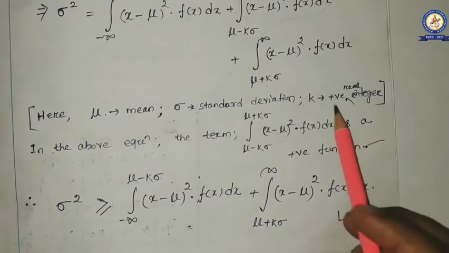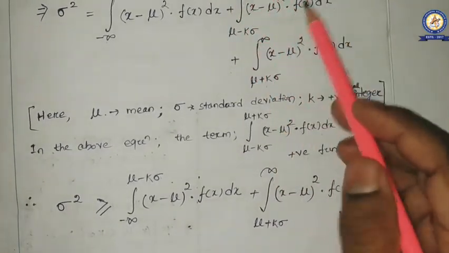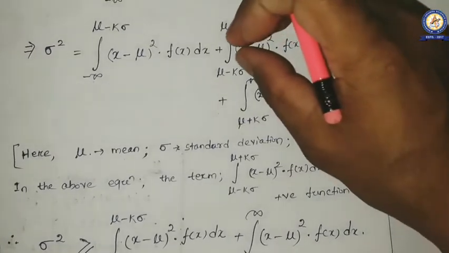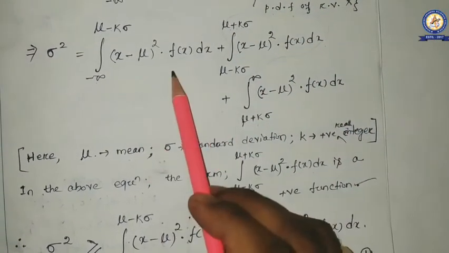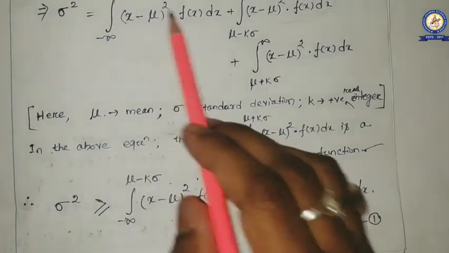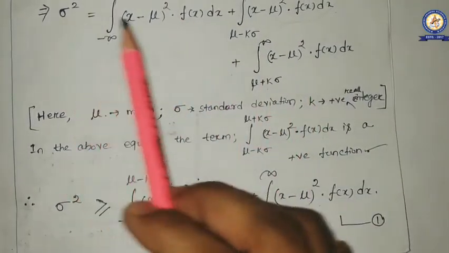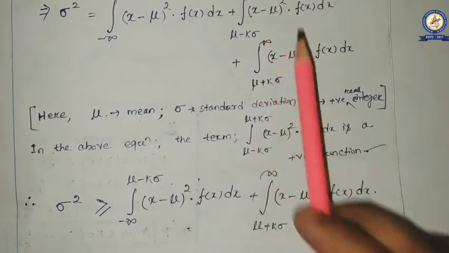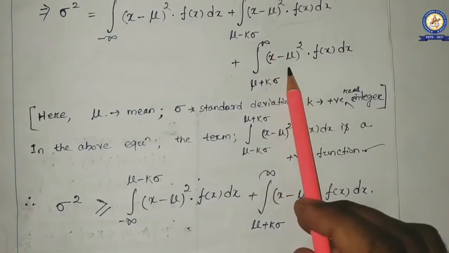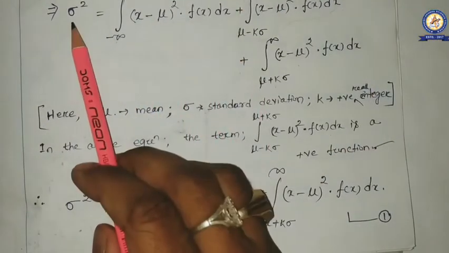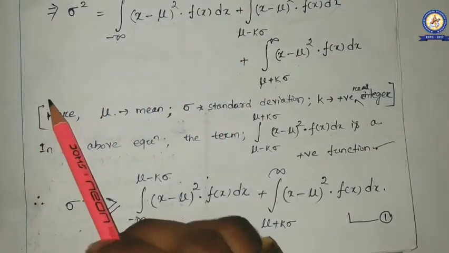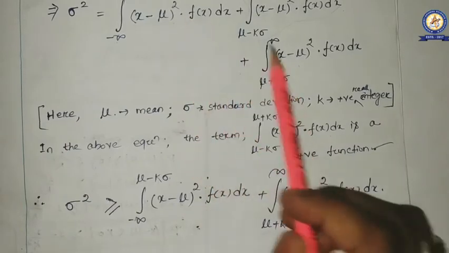If this is a positive function and I remove this one, then sigma square equals this term plus this term plus this term. If I remove this positive term, obviously sigma square will be greater than the addition of these two terms.